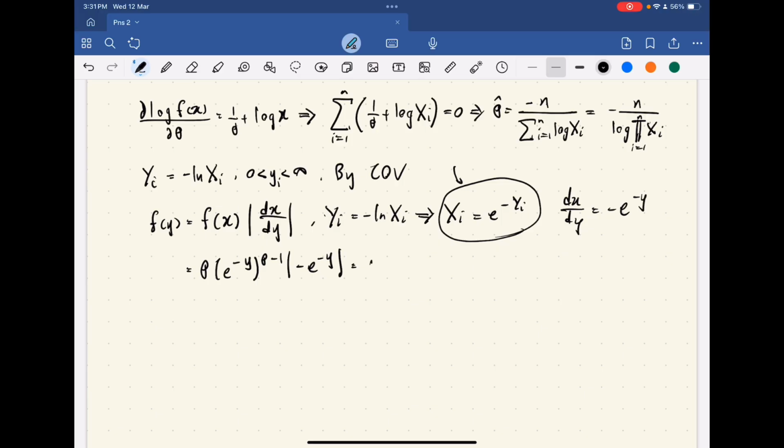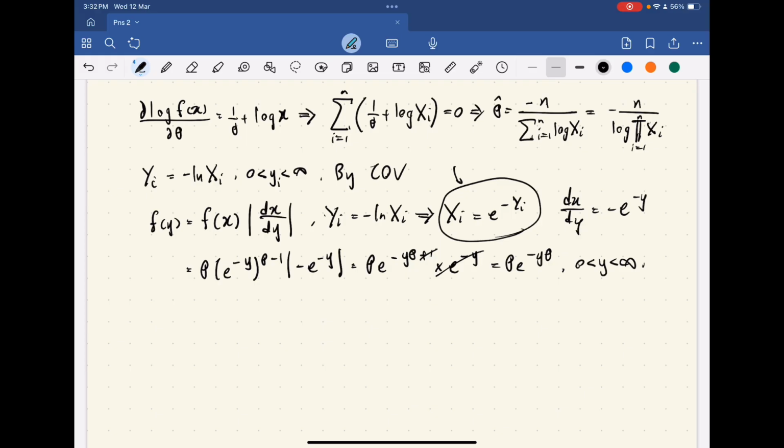So you'll just have theta e^(y theta plus 1) multiplied by e to the power of negative y. This e to the power of negative y cancels with the plus 1 here, so you have theta e raised to the power of y theta, and theta here is greater than 0.